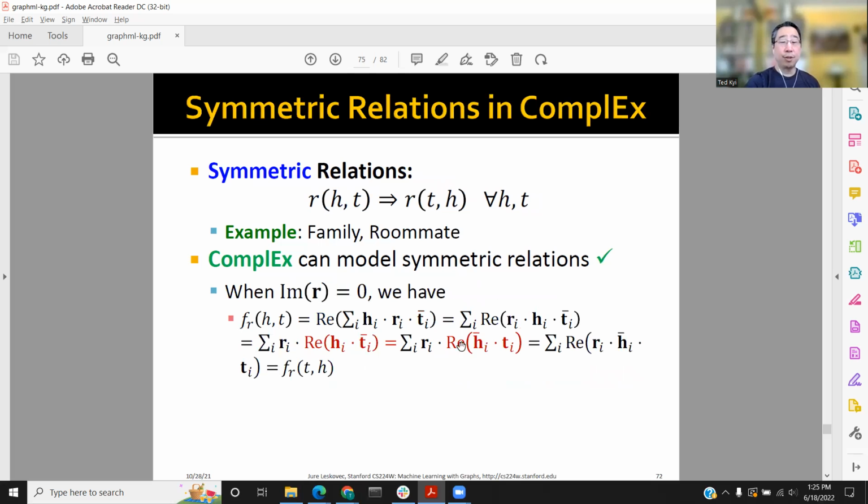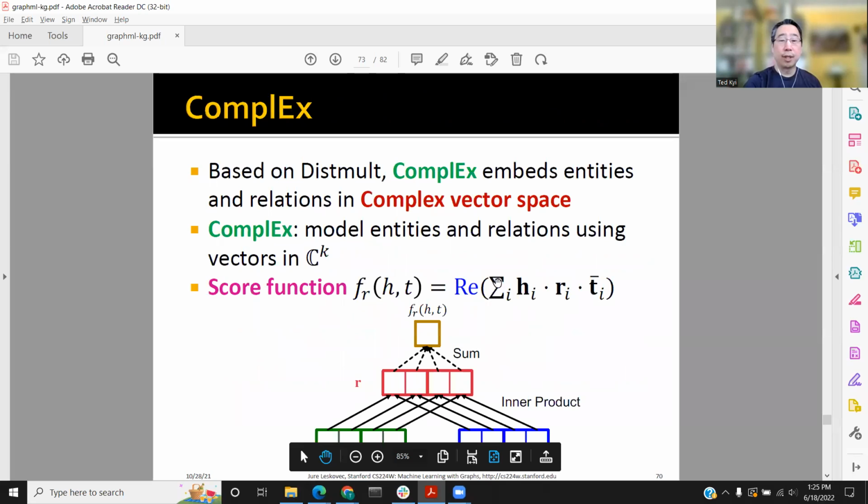Going back to here, we take the dot product of these three things: the head, the relationship, and the complex conjugate of the tail. Then we take only the real part of it. We drop the imaginary part of it. Even if you have a large imaginary component, we're just dropping it completely. We're projecting down to real.